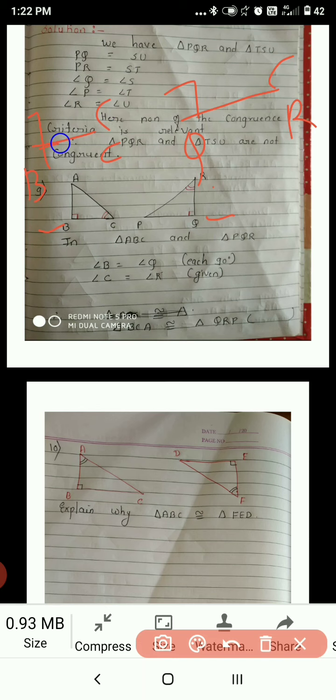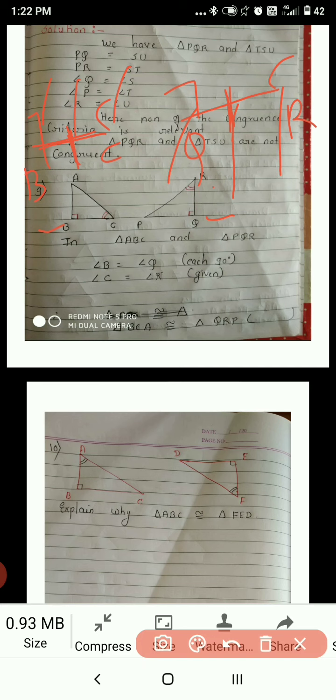If we make BC and QR, the sides on which those two equal angles are formed, equal, then we can get the ASA rule, right? How? This is angle, this is side, this is angle. So by using the ASA criterion, we can say that our two triangles are congruent.